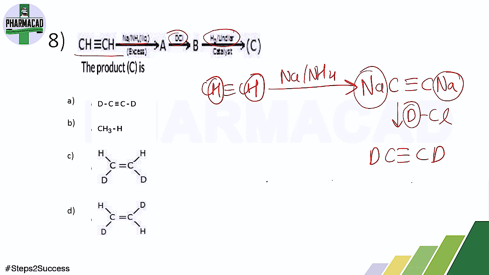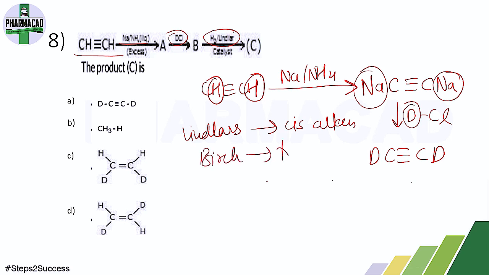So Lindlar's reduction. From Lindlar's we always get cis-alkene, whereas by Birch reduction we get trans-alkene. You have to remember this. Now they are doing Lindlar's reduction, so hydrogen gets added from the same side.